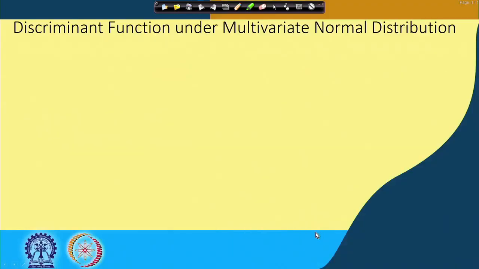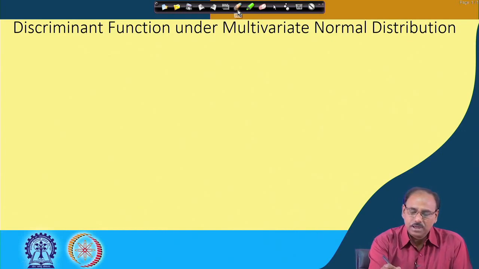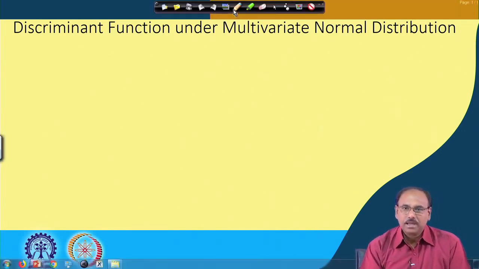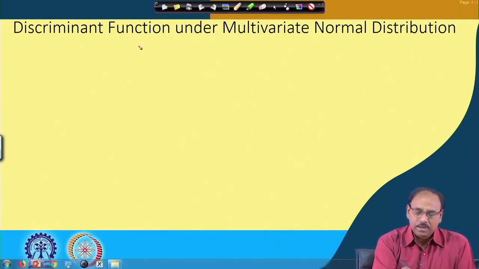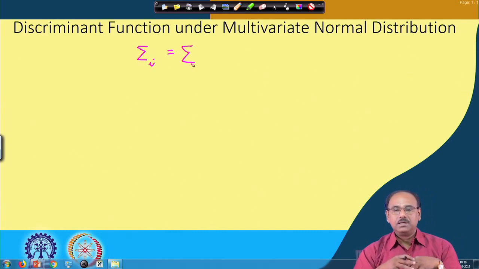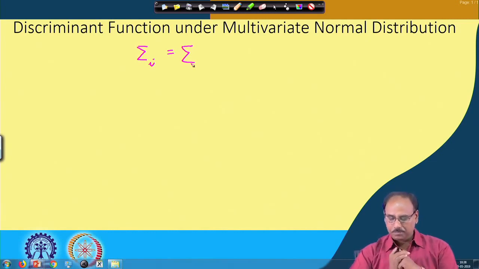Where we stopped in the previous lecture is we assumed the case where the covariance matrix sigma I is equal to sigma. That means the covariance matrices of all the classes are the same, but here the covariance matrices need not be diagonal only.